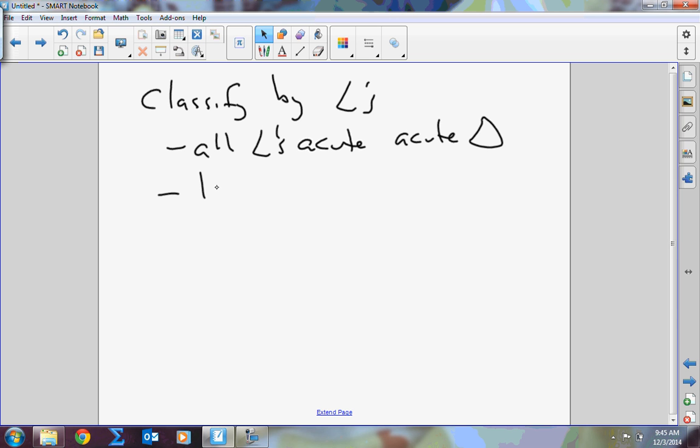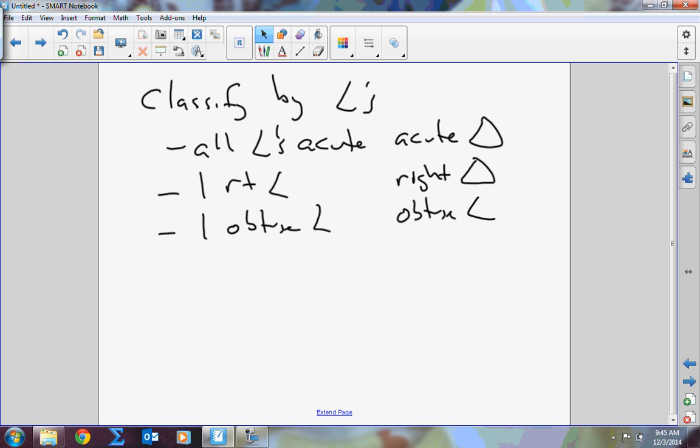If it has one right angle, then it's a right triangle. And if it has one obtuse angle, then it's an obtuse triangle. And then the fourth type is if all the angles are the same. Remember, that's an equiangular triangle.